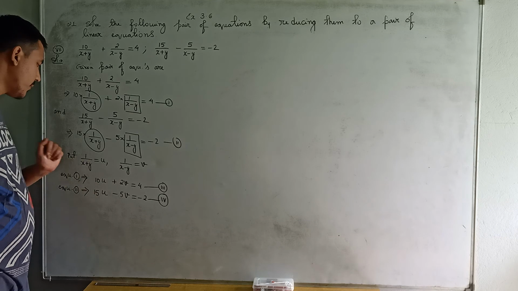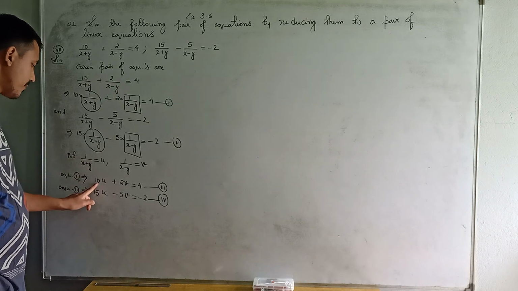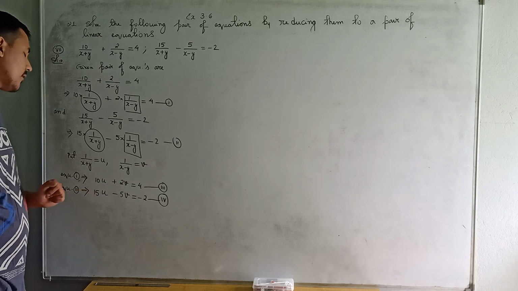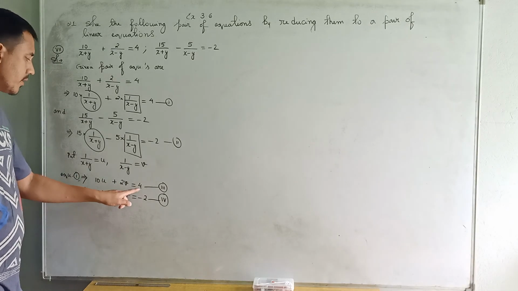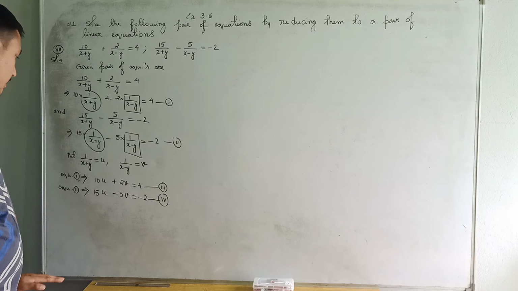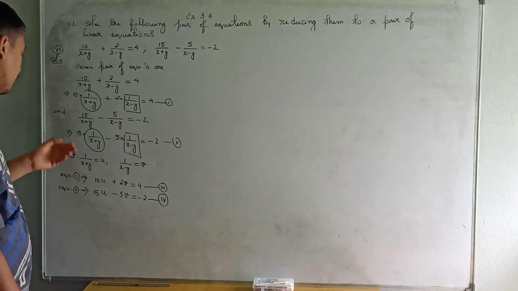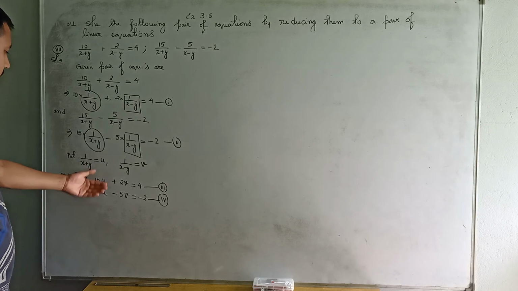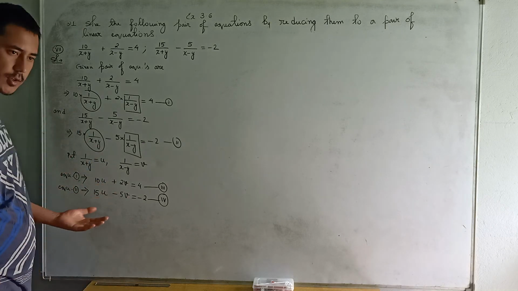Then this would have become 5u, this would have become v, this would have become 2. Then the elimination method would have been much easier over there. But that's no problem. We can always do it by any other method.